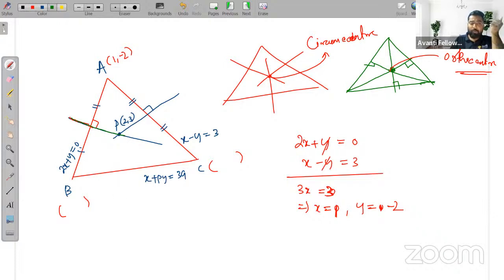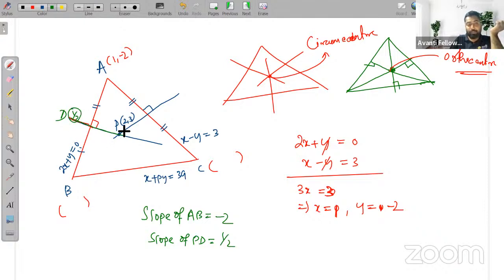And we know the slope of AB is minus A upon B, that is -2 upon 1, that is -2. Suppose I'm taking this line as PD. Then the slope of PD will be minus 1 upon minus 2, so 1 by 2.